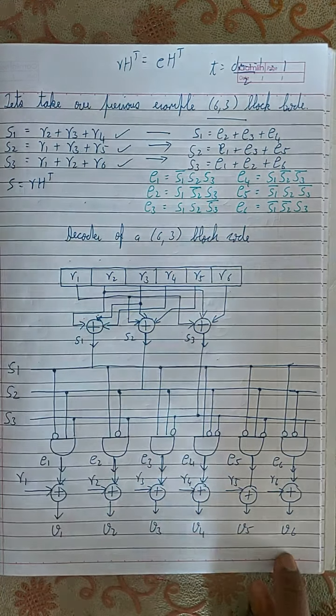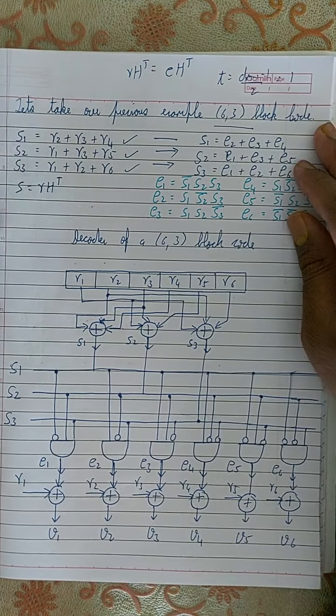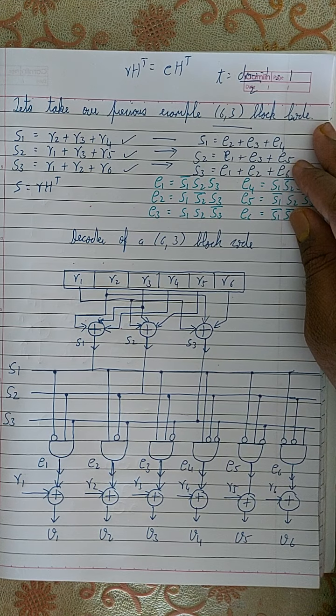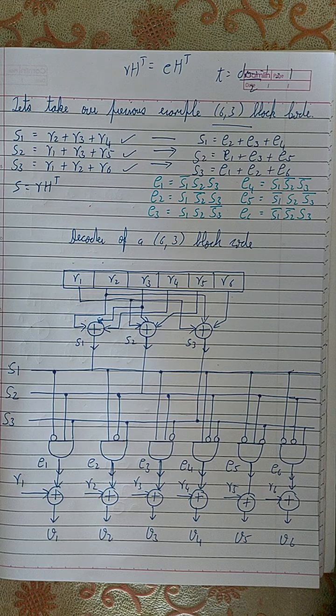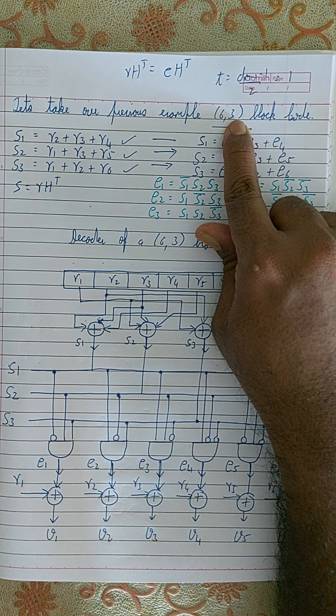So this is the story of your (n,k) linear block code. First, it starts from U, where U is K bits. I'm talking about the transmitter side. The transmitter side consists of U bits, that is, the information is divided into U bits. The message is represented as U, and the number of bits of U is represented by K. That's why it's called an (n,k) block code.